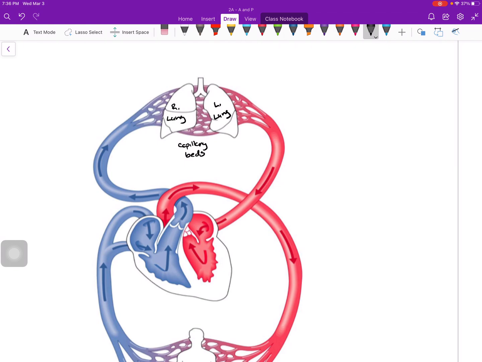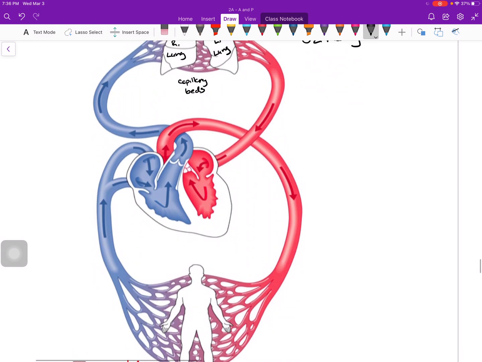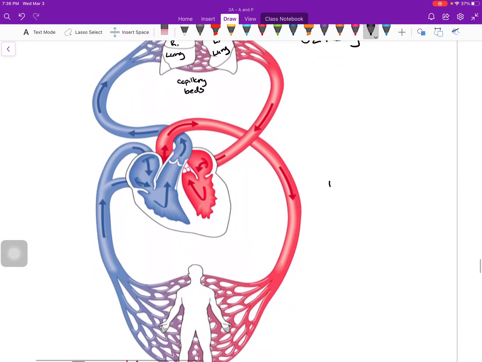All right, so this is my oxygen factory up here, my O2 factory. Blood is picked up and it goes into the left side of the heart. So this is my transportation system. This is my hub. We live in Memphis, so this is my FedEx.